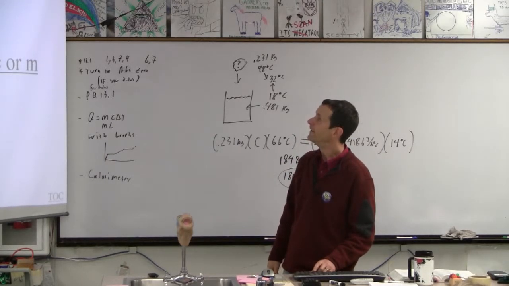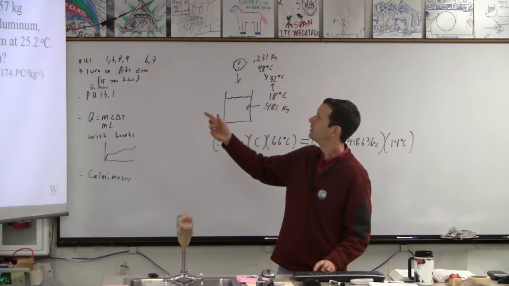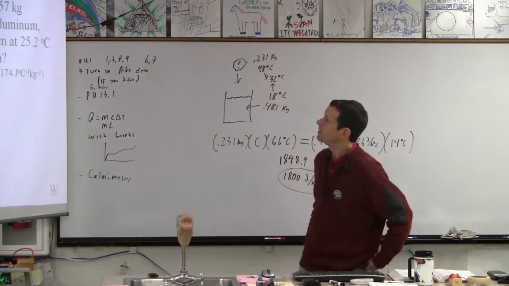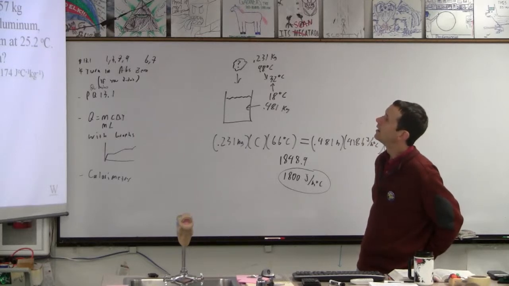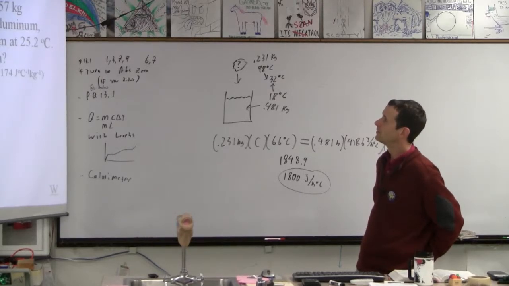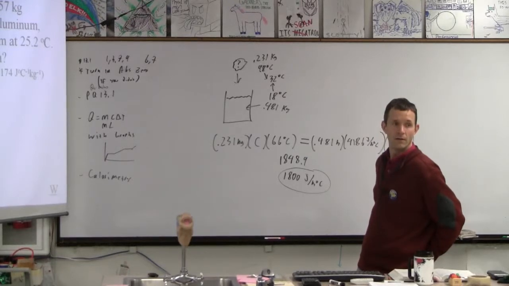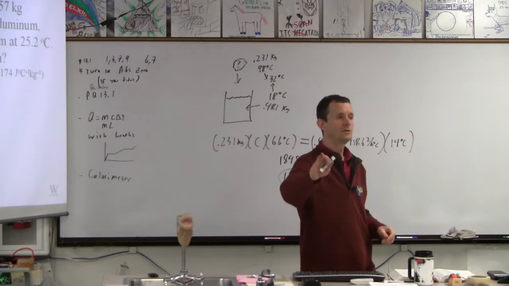We already did one where we solved for C, so let's solve for something else. Oh, that one's going to be harder. Now notice in this one that it's not just the water, it's also an aluminum calorimeter. Let me give you a clue here.